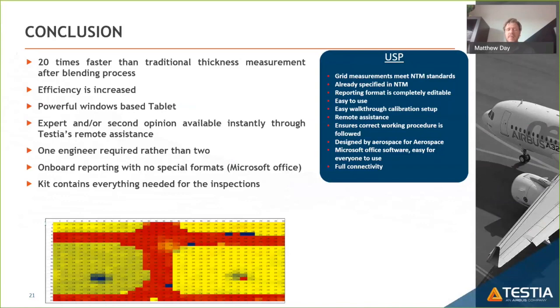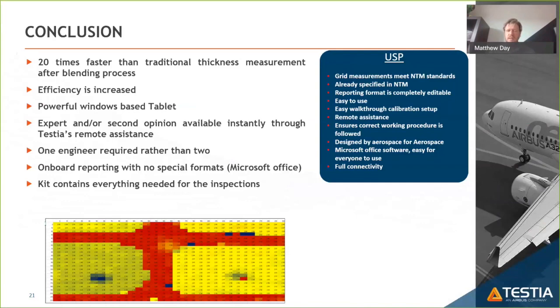It's designed by aerospace for aerospace. The thickness tool is the only phased array tool that is designed with aerospace in mind. All of the other offerings on the market today from the other OEMs are designed to fit in with oil and gas, rail, power generation, and aerospace.